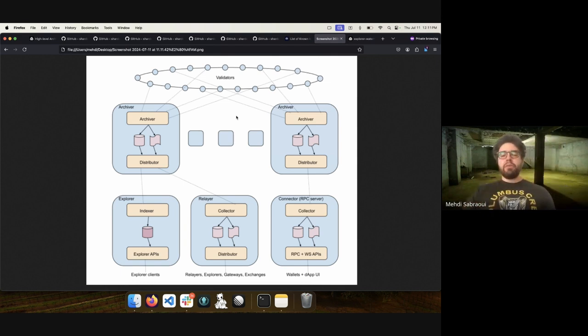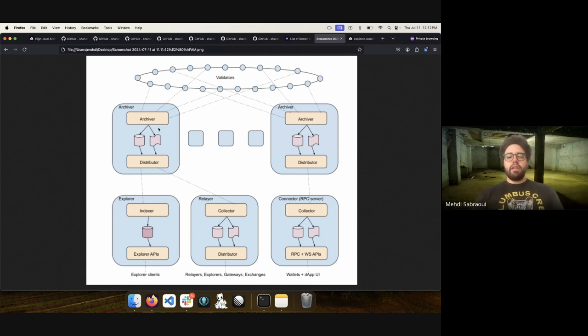Anyway, what this means is that the transaction history of the network is stored on the archivers, and the archiver will become the central point where external resources can go run diagnostic statistics on the network. You can look up transactions via the Explorer that uses information from the archivers. And you can see that here.